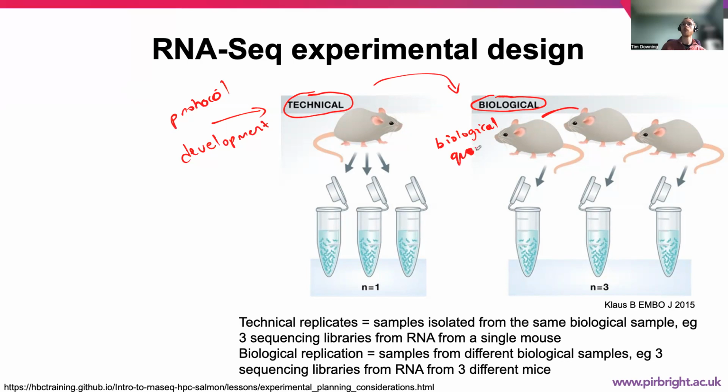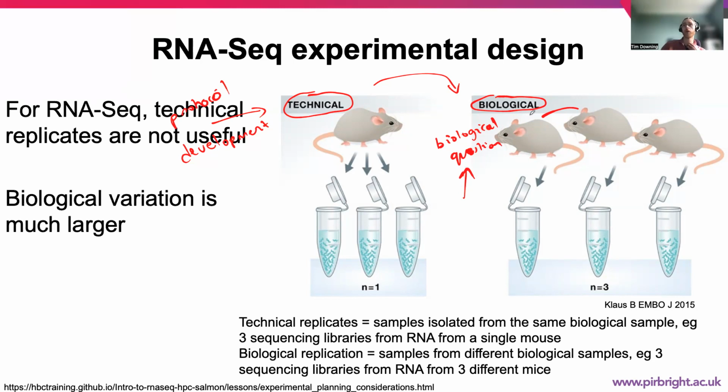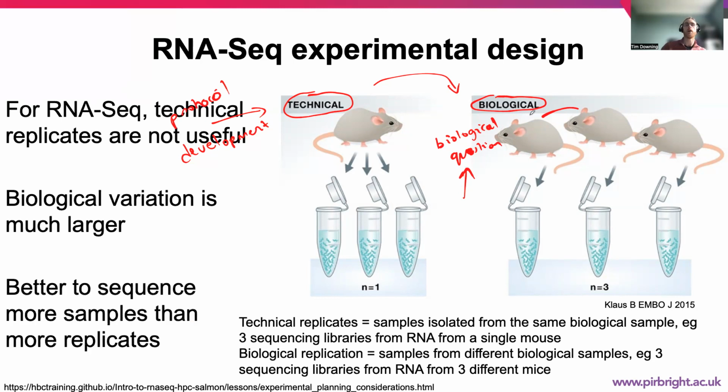So both can be useful, but for RNA-seq, if we have a biological question, we have to think about biological replicates. Technical replicates won't help you address that. And the biological variation is much, much higher. And it's always better, where possible, to sequence more samples rather than more technical replicates.